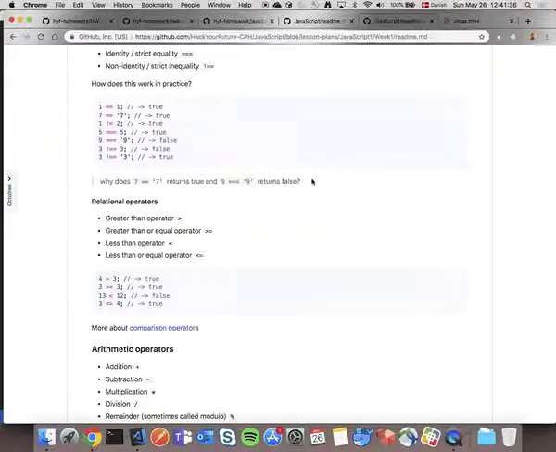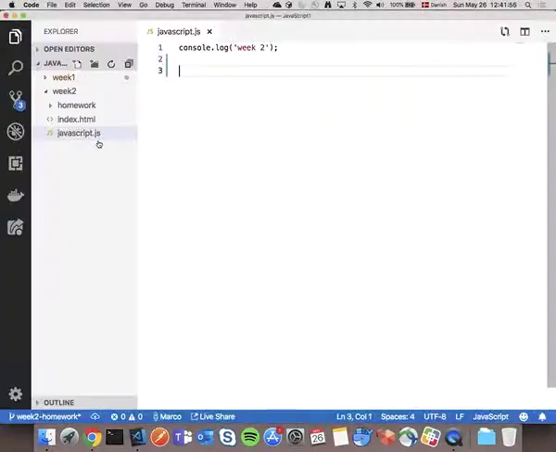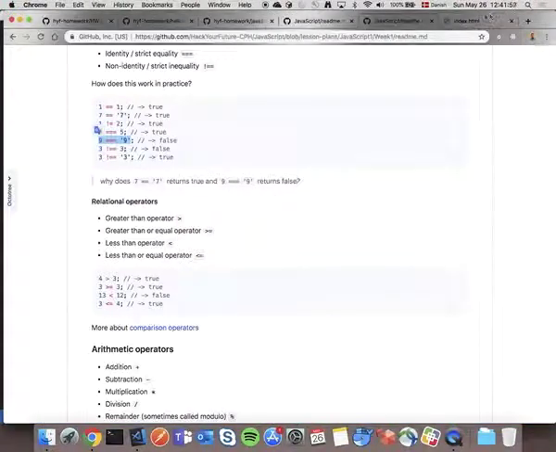So, as some of you used on the homework, the bigger than, lesser than, equals to. And as I think we did mention, the strict equal, where let's just use the browser.